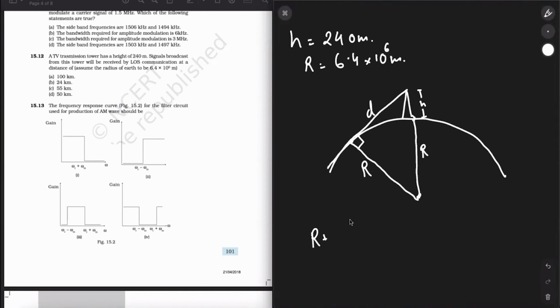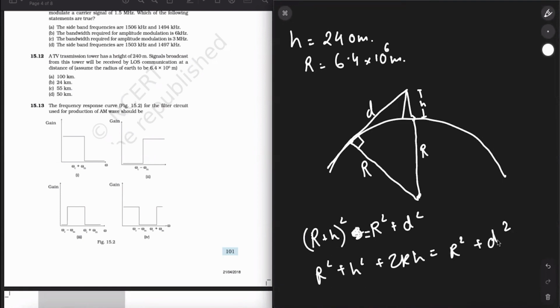So (r plus h) whole square is equal to r square plus d square. So r square plus h square plus 2rh is equal to r square plus d square. Therefore, d square is equal to h square plus 2rh. Now tell me one thing: is the height of the antenna comparable to the radius of the Earth?